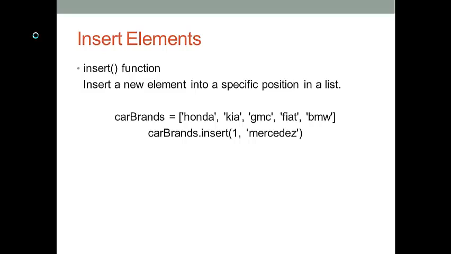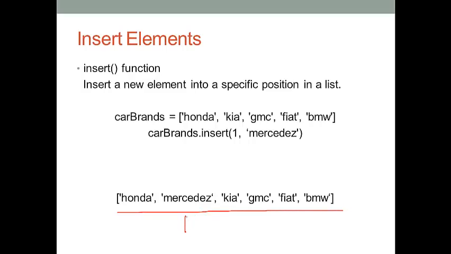For instance, if we want to add Mercedes as the second element in the new list, then we can use carBrand, dot operator, insert 1, which is the second element in the new list, and then we give Mercedes as the value of the new second element in the list. After we execute these 2 statements, we can get a new list like the one shown on this slide. As you can see here, Mercedes is the second element in the new list.